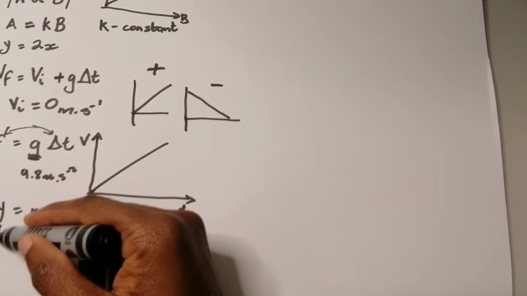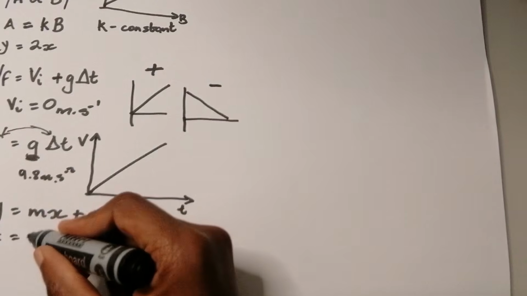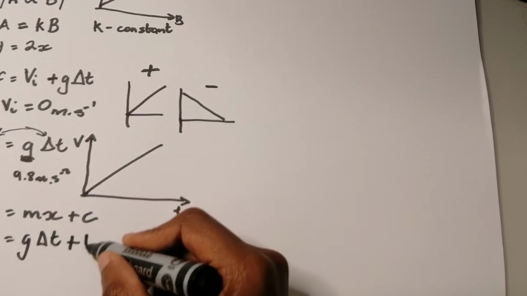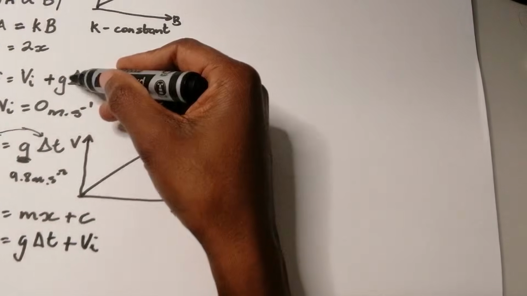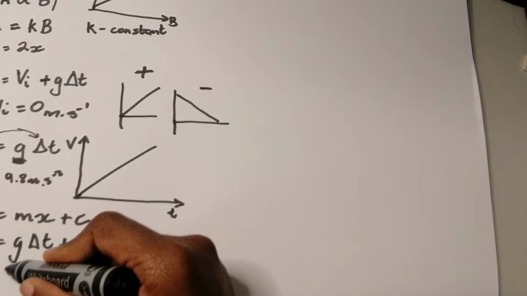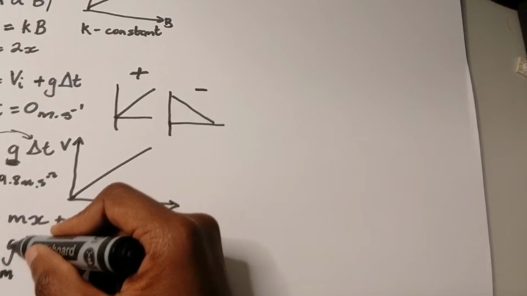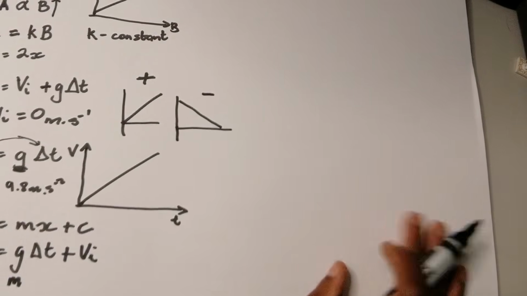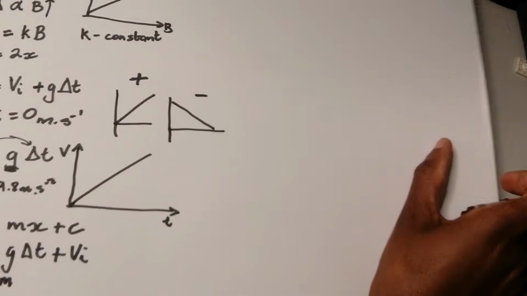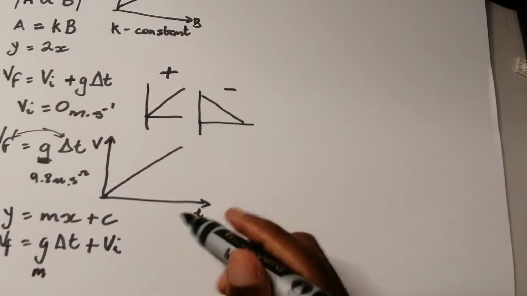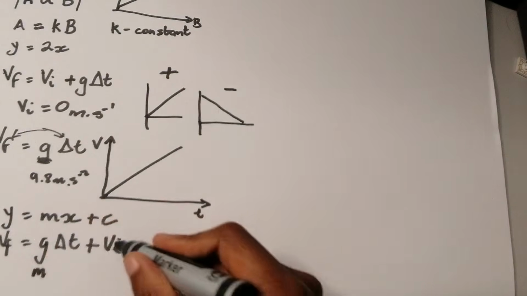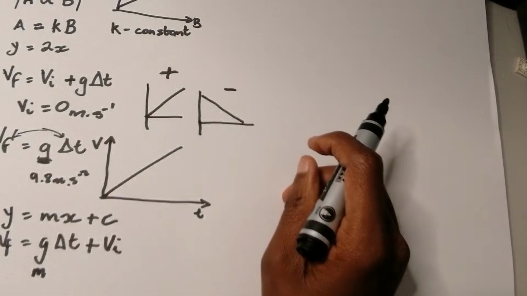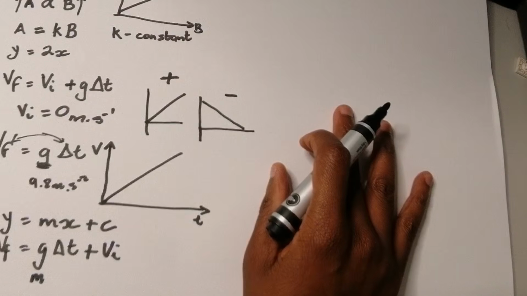Now you've got Vf, and if we put that next to each other, delta t plus vi. So I've written the same equation just in another way. So it means your gradient there, m, is now g, which is 9.8. So your gradient there is 9.8, and then your vi is actually your c value, which is just going to shift your graph.